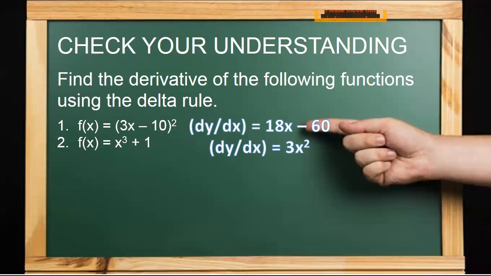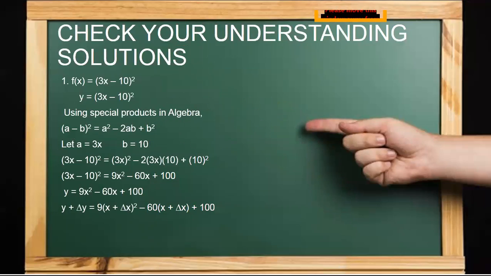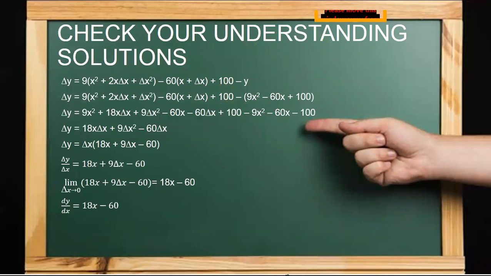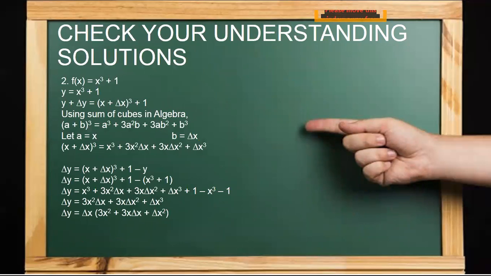For the solution part, just check the slides here. Here is the solution part of the check your understanding. So if you need to review your answers, if it matches your solutions, then it's good.